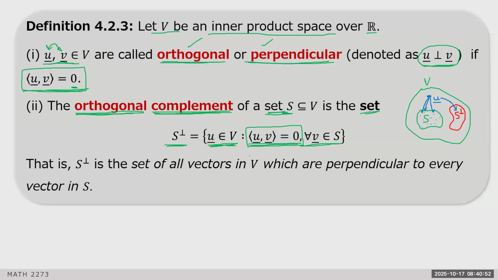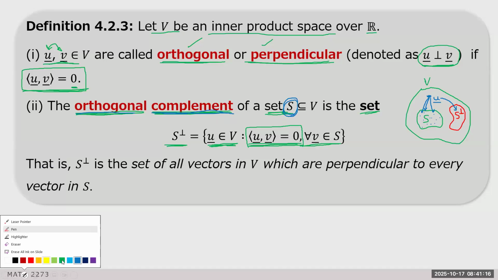In this way, you are collecting all the vectors in the space that are perpendicular to everything in S. That's why it's called the orthogonal complement. It's perpendicular to everything in S, and we threw all of that in a set. So that is the orthogonal complement.